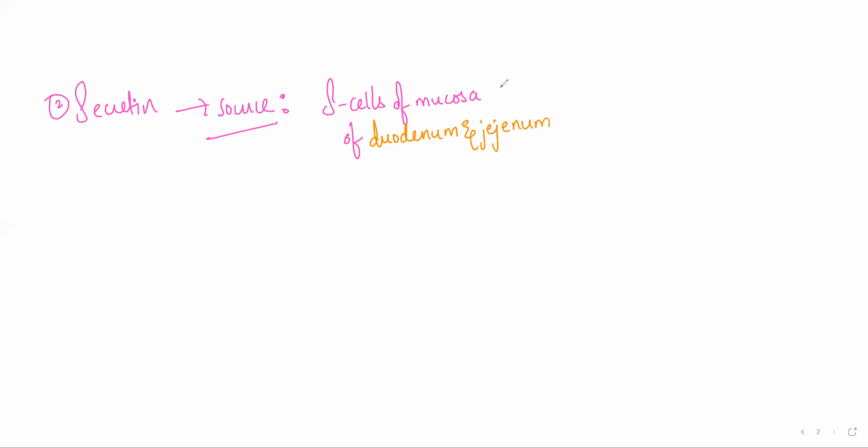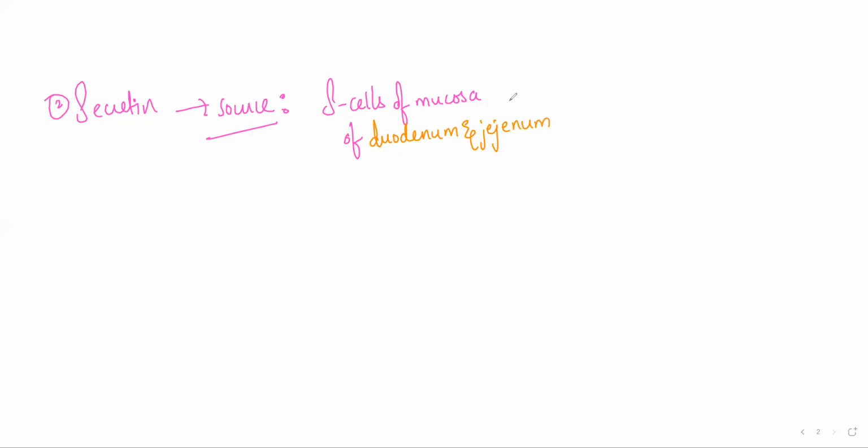So secretin is going to be another gastrointestinal hormone, and this is going to be secreted by whom? The source is going to be the S cells, the secretin cells of the mucosa of the duodenum as well as the jejunum.